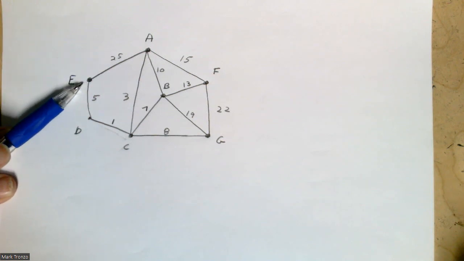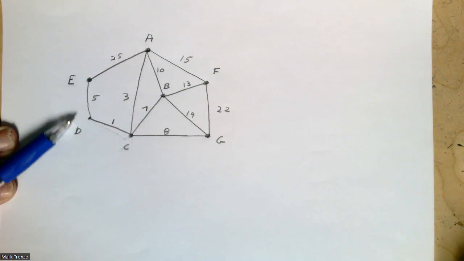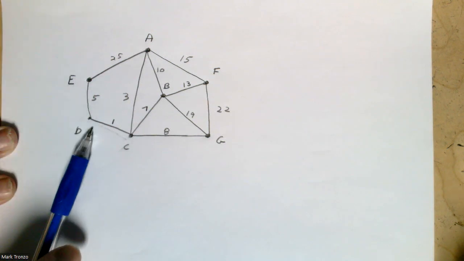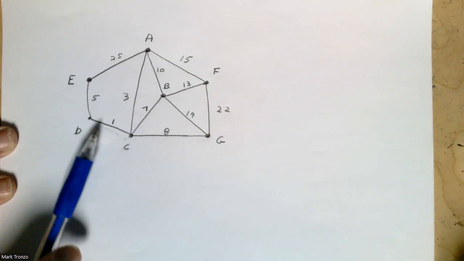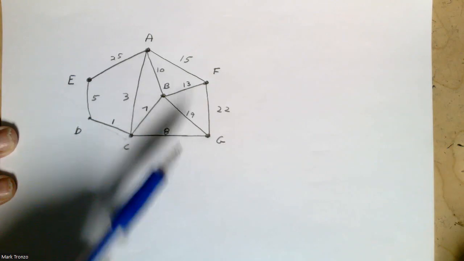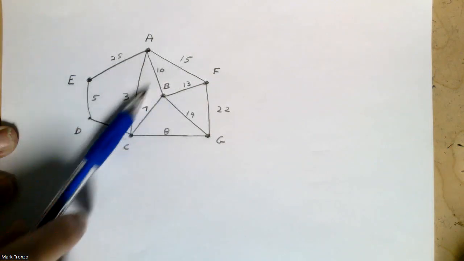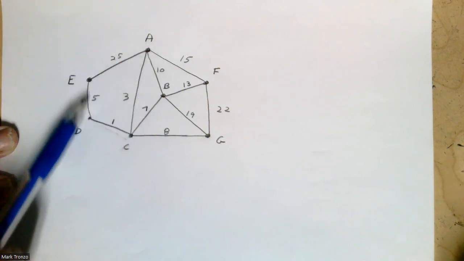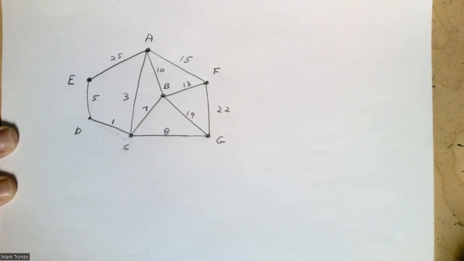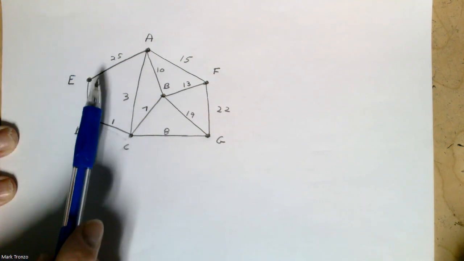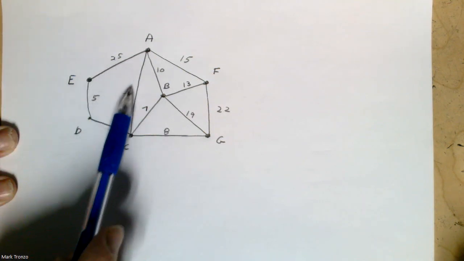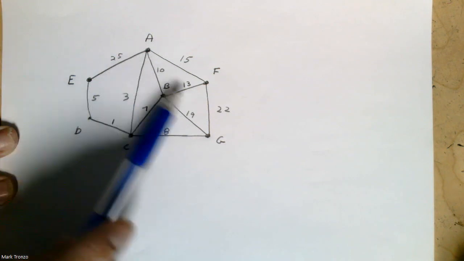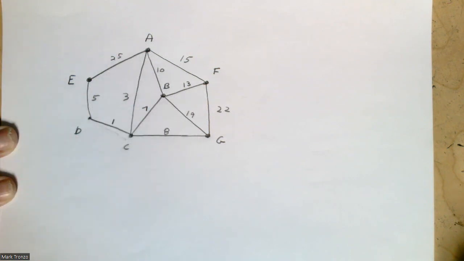So maybe 500 miles between city E and city D, 100 miles between city D and city C, etc. Or these could be pipelines between cities, and the numbers could represent the miles of pipeline required between the cities. There are many different applications for this.